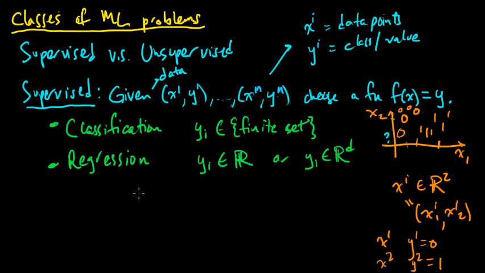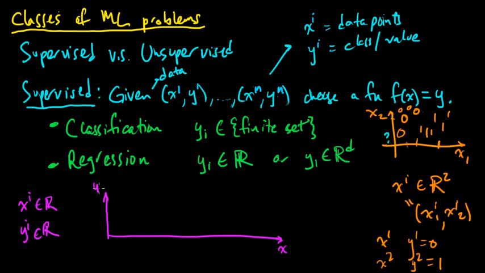A regression problem, a little example. Let's suppose, for our regression example, that the xi's are just real valued, and the yi's are also real valued. This will be my x value, and this will be my y value for each data point. Now we'll get a bunch of data points.